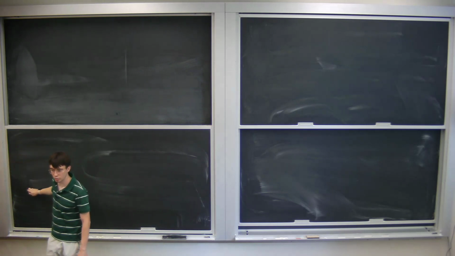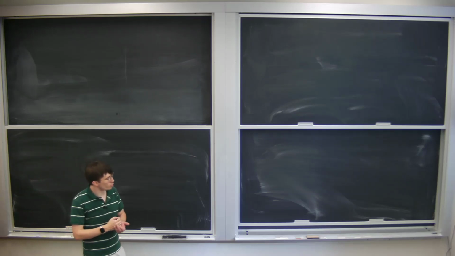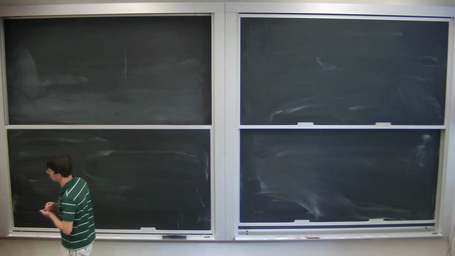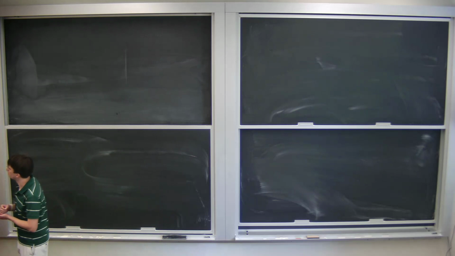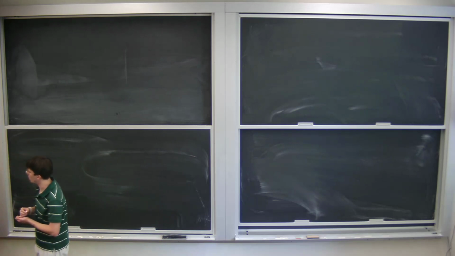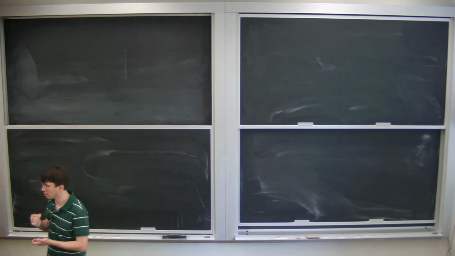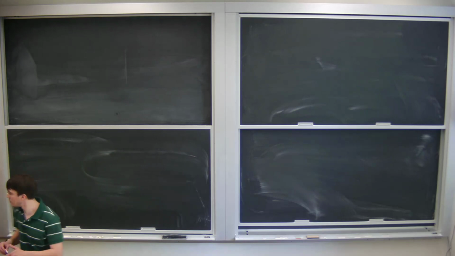I proved that inversions are isometries, and we proved that any isometry is a composition of at most d plus 1 reflections. And I also wrote down something, but I forgot what I wanted to say.